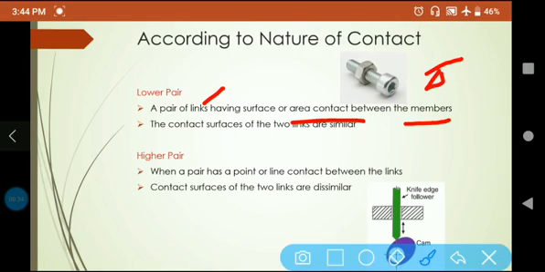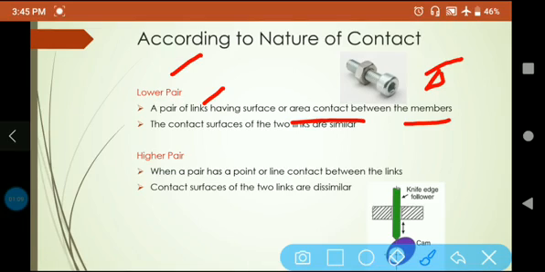The nut is a link and the bolt is another link, and when you tighten the nut on the bolt, the contact between the nut and the bolt will be an area contact. Understood? So when there is an area contact, such a pair is known as a lower pair.